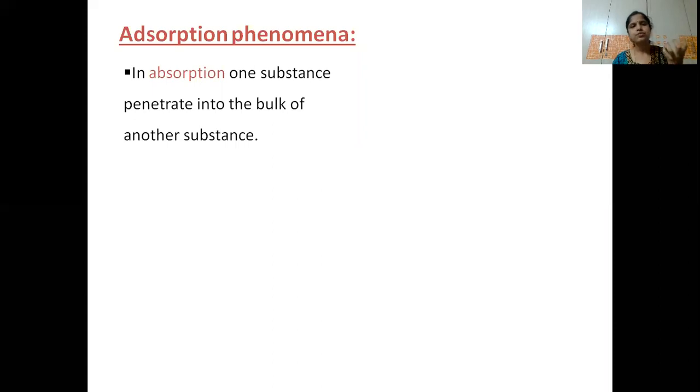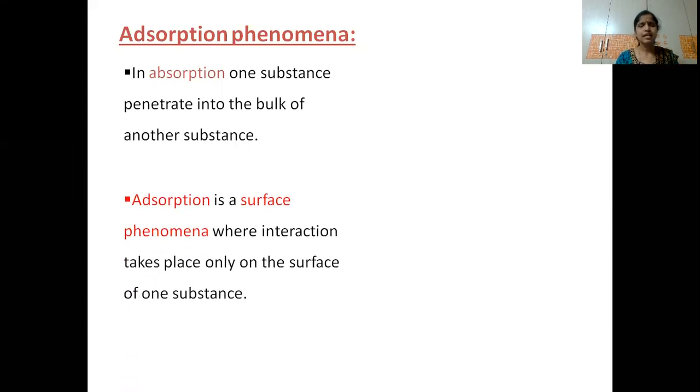That means the substance will go inside the other substance, whereas adsorption is purely a surface phenomenon. You have to remember that in chromatography, it is the adsorption process that is seen, and it is mainly a surface phenomenon where interaction takes place only on the surface of one substance.